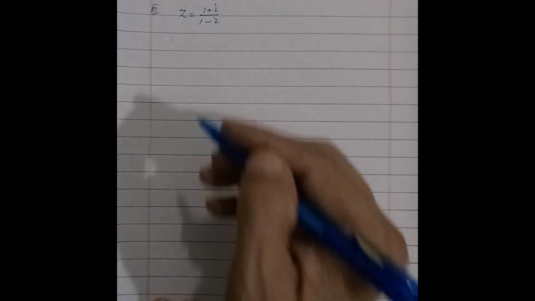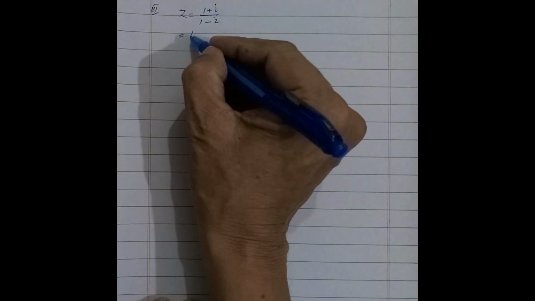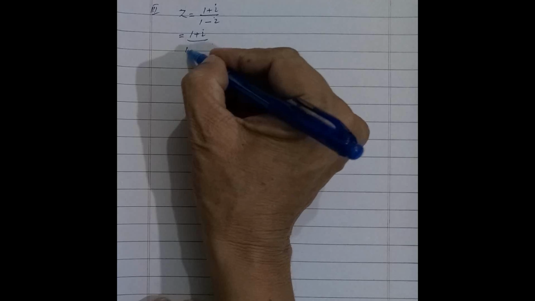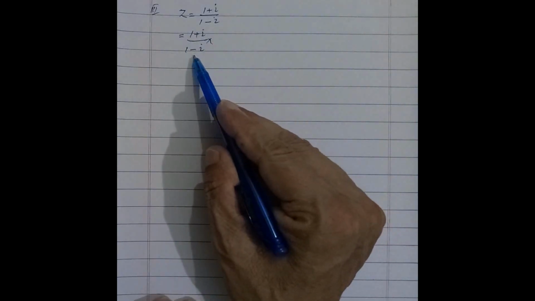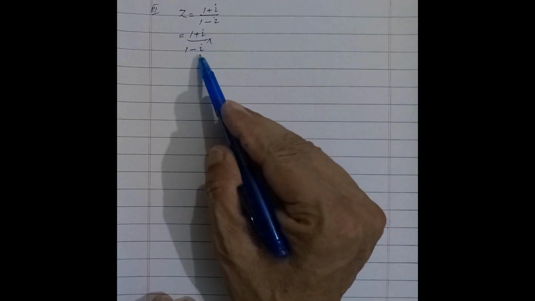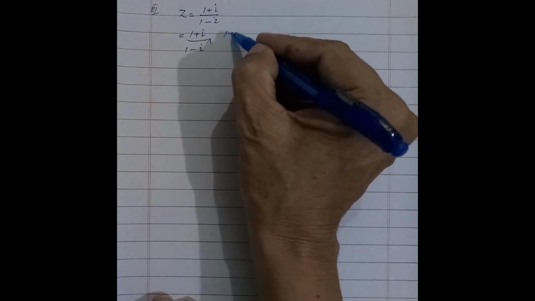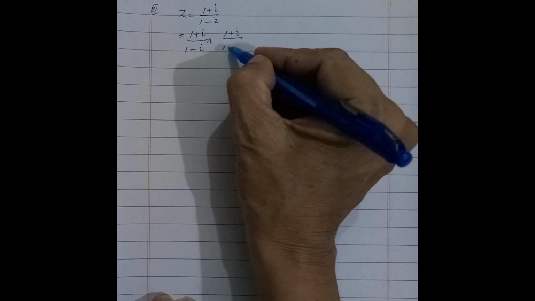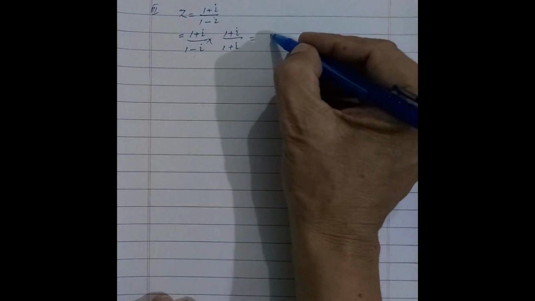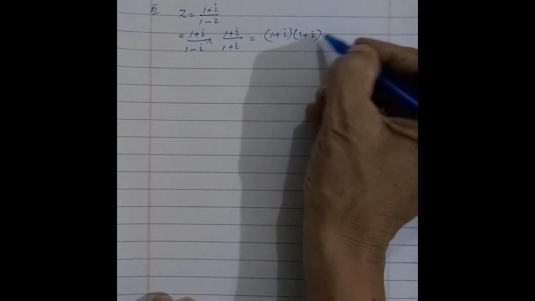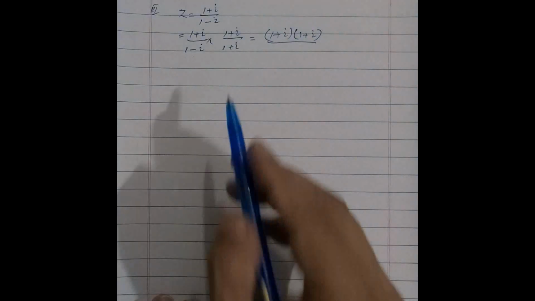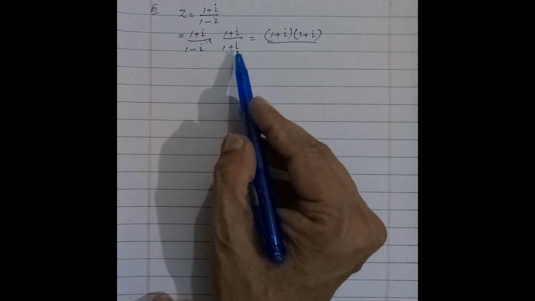Next, third part of question 5, in which z is equal to 1 plus iota over 1 minus iota. Convert it into standard form, which is a plus b iota. For that, we know that 1 minus iota, we multiply denominator with the conjugate of the denominator, which is 1 plus iota over 1 plus iota. Simplify it, 1 plus iota into 1 plus iota, and the denominator is a minus b into a plus b.